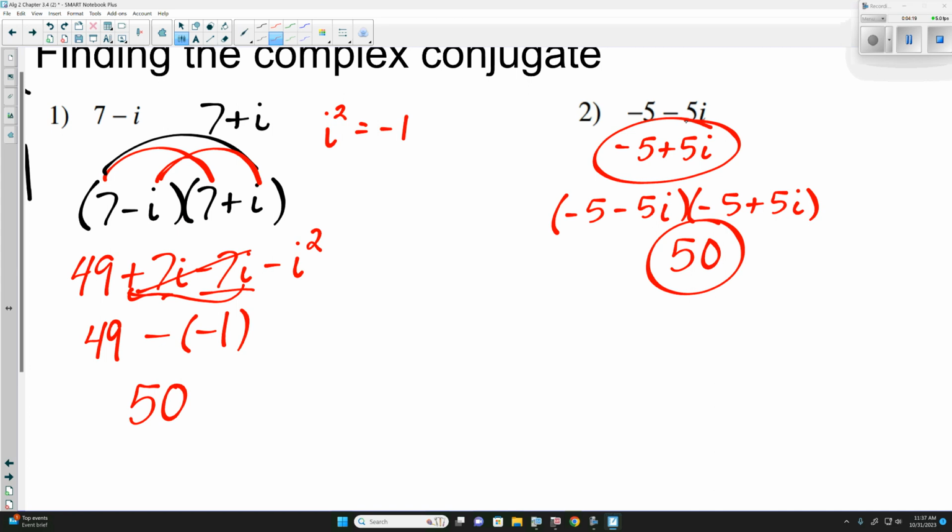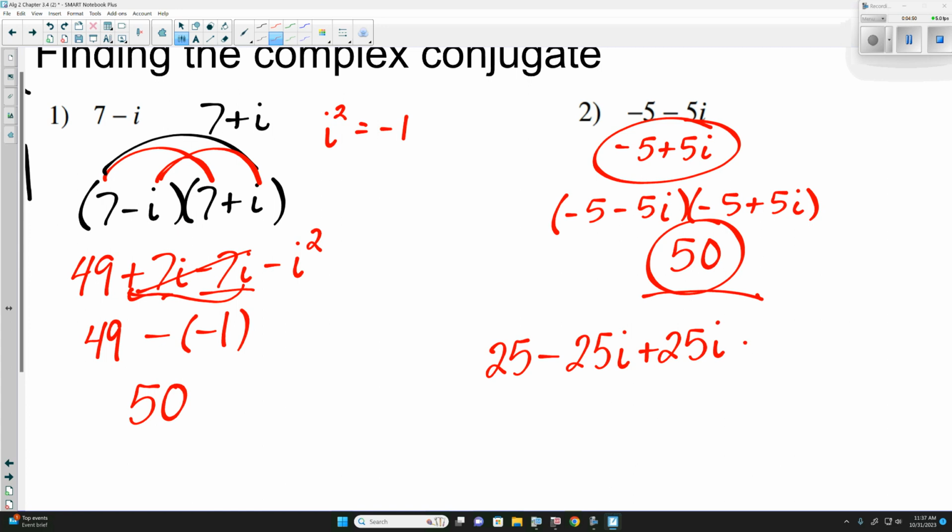So for the second one, we would be looking for negative 5 plus 5i, which is the conjugate, and their product in this case would be 50. That's it. Because when we multiply them together, negative 5 times negative 5 would be 25. Negative 5 times 5i would be negative 25i. Negative 5i times negative 5 would be positive 25.